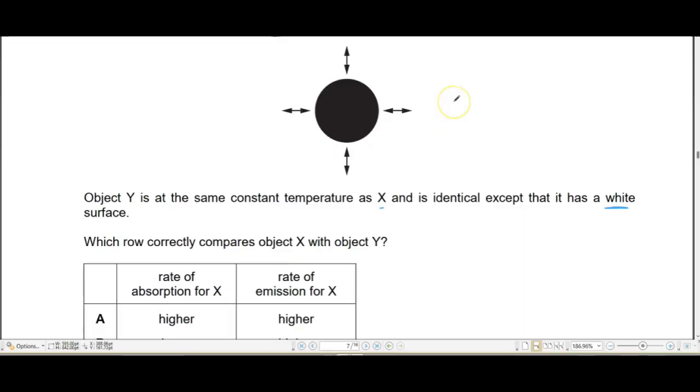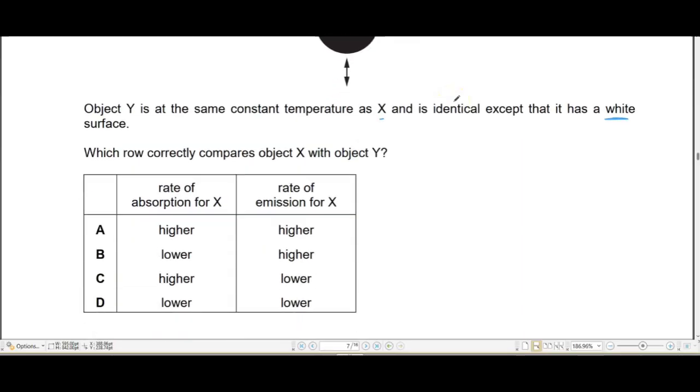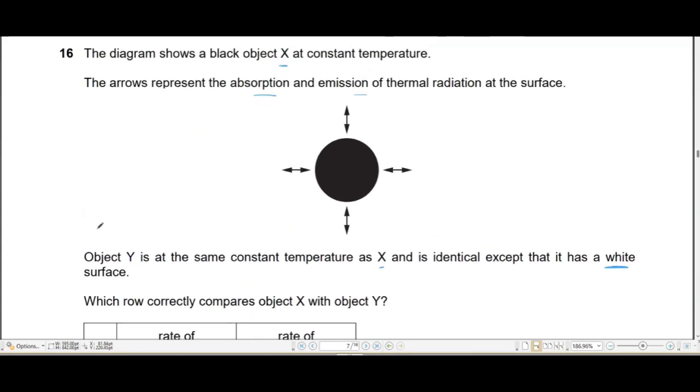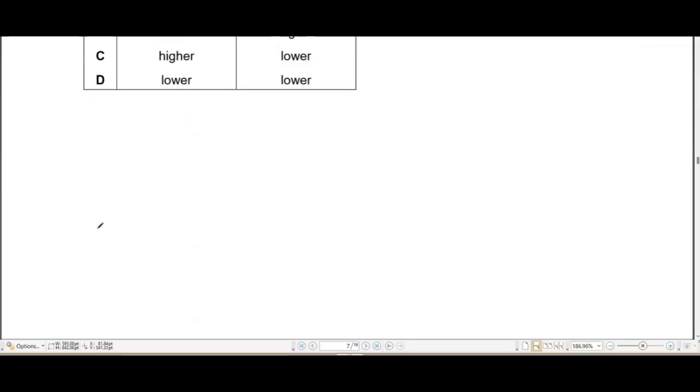So color matters. The rate of absorption of X would be higher and the rate of emission of X would be higher as well. So A is going to be the correct answer, as opposed to the white surface.